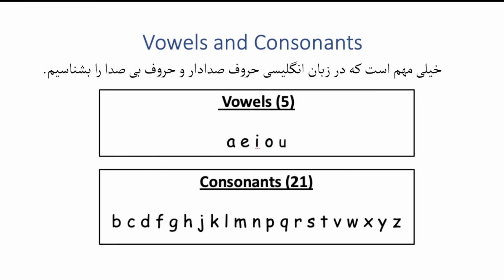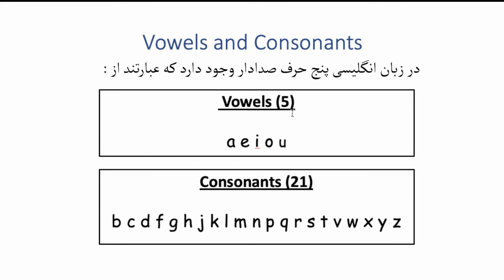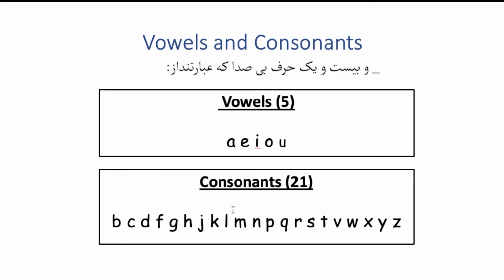It's very important when you study English to understand vowels and consonants. Okay, so vowels and consonants. So in English you have 5 vowels: A, E, I, O, and U. And you have 21 consonants.